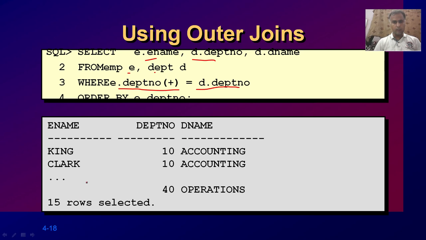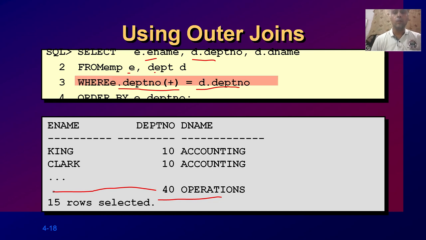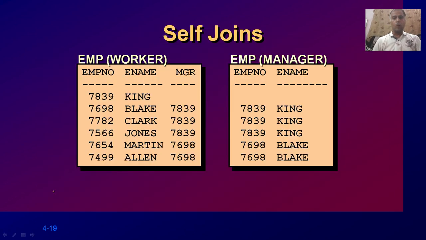It will display the departments, but the blank will also be displayed. It means there is no employee in department 40, for which we use the outer join.